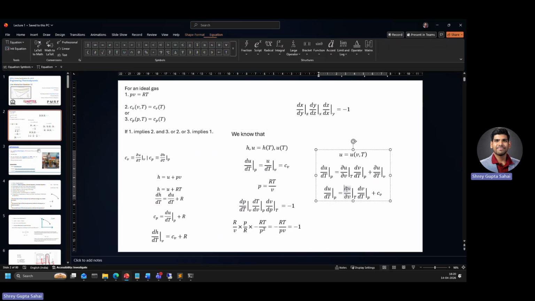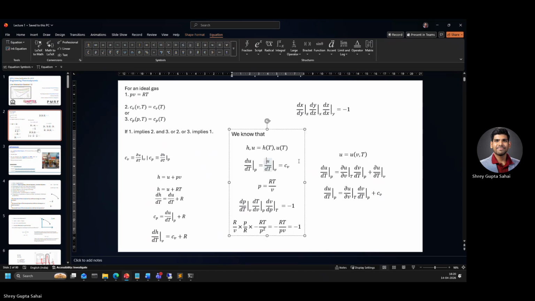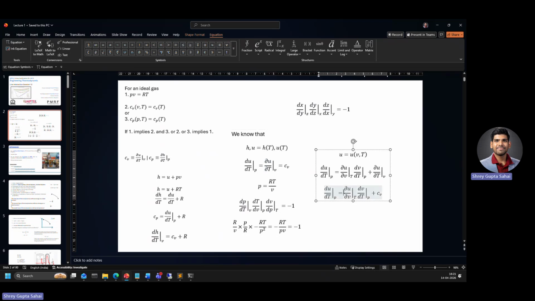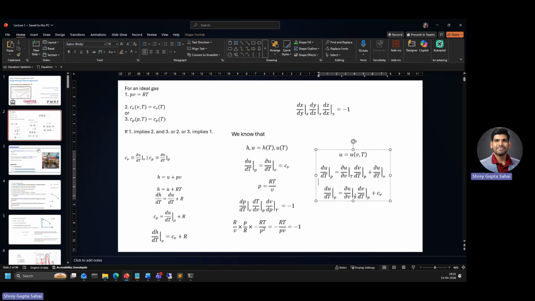Give me a second. Now del U by del V at a constant T for an ideal gas is zero. We realize that because U is only a function of T for an ideal gas.